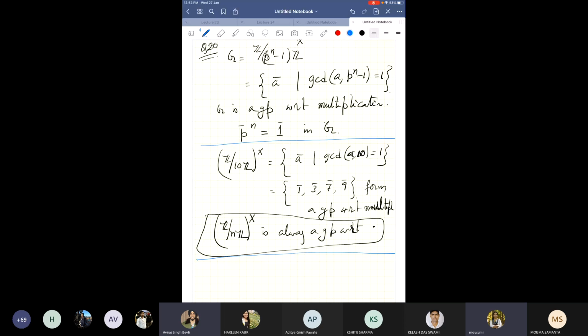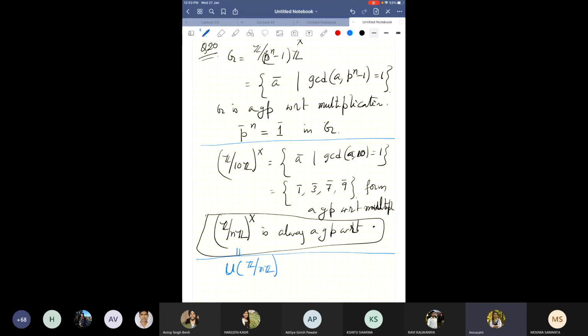Ma'am, in the last line where you've written Z mod N cross. Yeah, this is defined to be A bar such that GCD of A comma N is equal to 1. Okay, this is the notation. Sometimes they use this also to be nothing but units of Z quotient NZ.